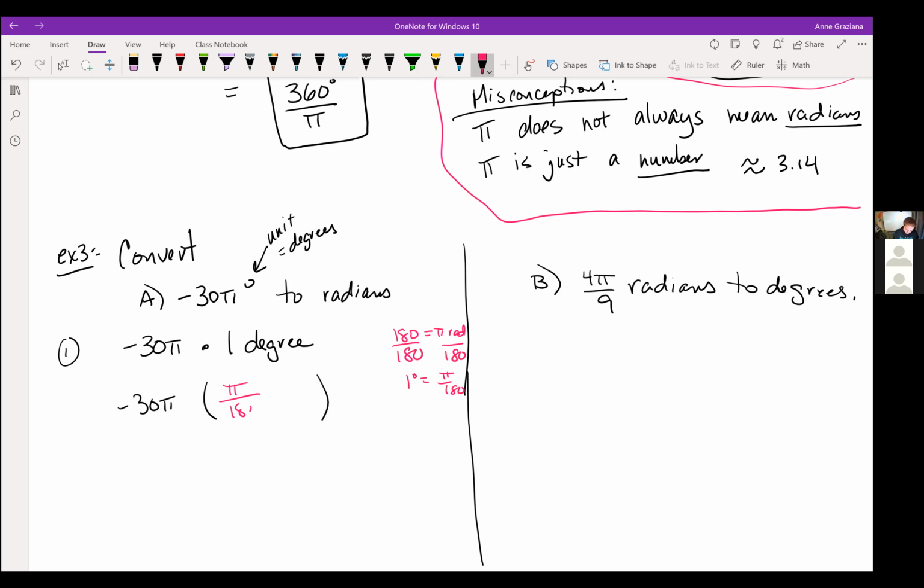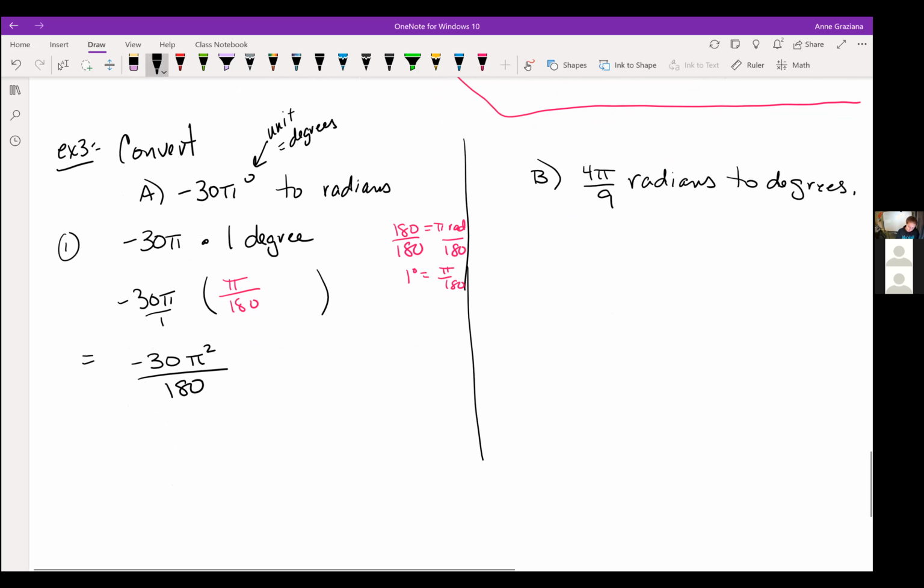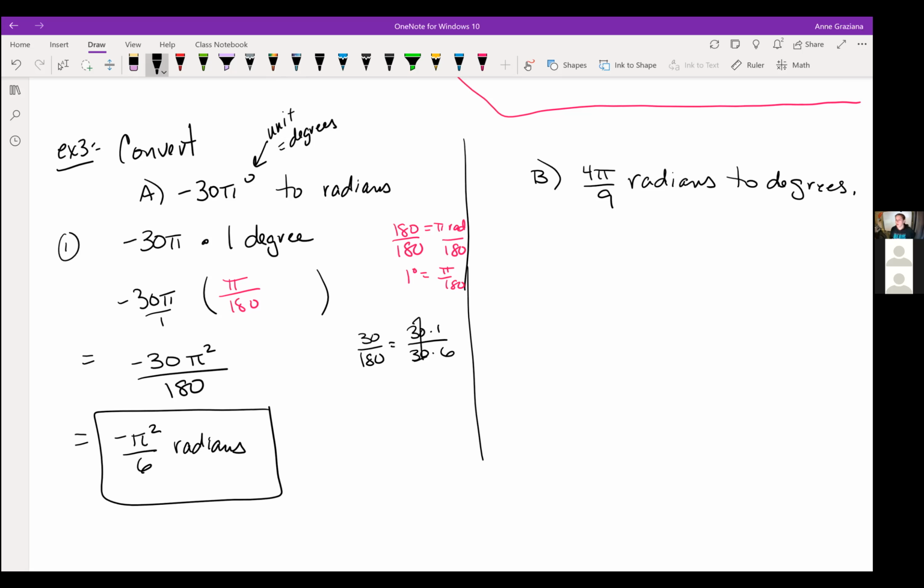So I'm going to multiply here by that. All right, so, weird, because we end up getting negative 30 pi squared over 180. And then the only other thing I have to do is figure out what 30 over 180 is. And that's 30 times 1, and then 180 is 30 times 6. So this actually is negative pi squared over 6. We went into radians. I want to include the unit. Any questions?